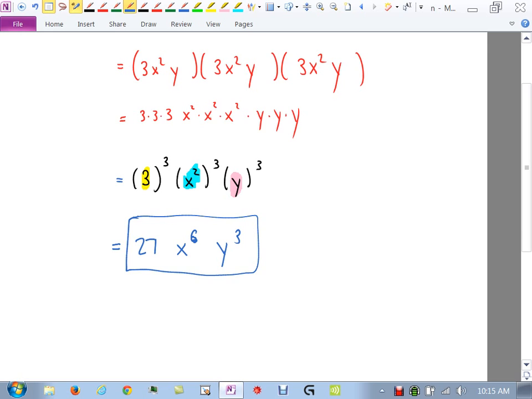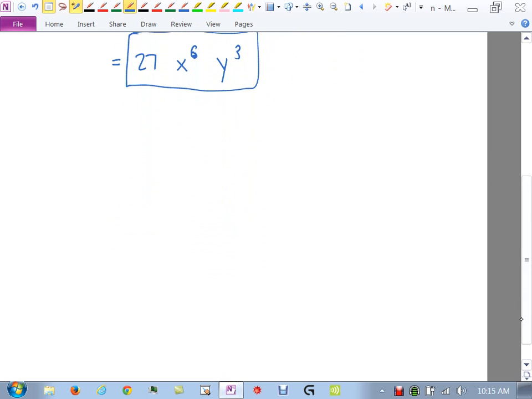Now here's the property. And this will be the fourth property. Let's say you have something times something, and you want to raise it to the, what do they use, m or n? They use m. M power.